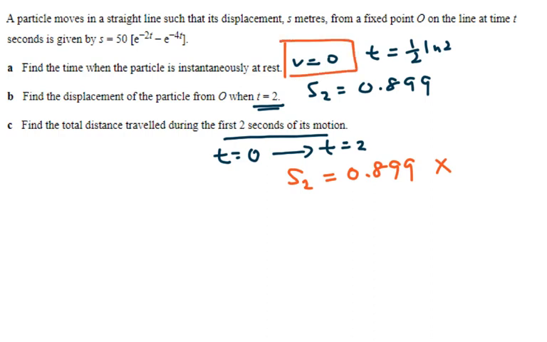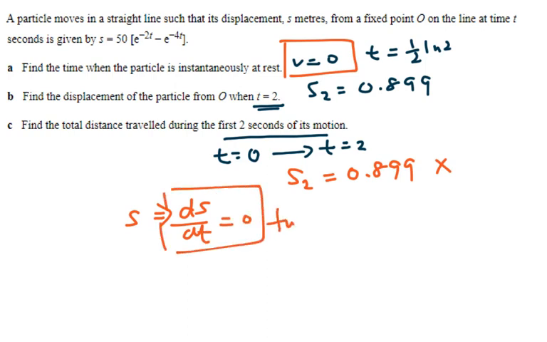So remember, when we have an equation of S and we put ds over dt equivalent to 0, this is when a turning point happens.